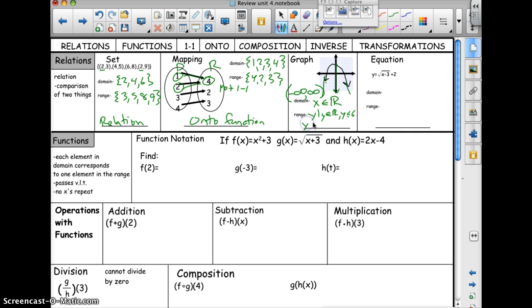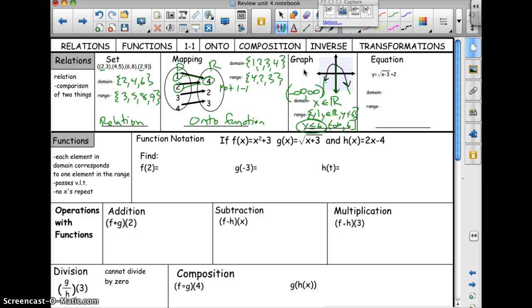You can also just write y less than or equal to 6 if you like. And you can also write it like this: negative infinity, comma, 6 with a bracket. Those are all three the same thing. The first one I used is set notation. It's not as common. The second one is probably the most common one we would use. And the third one is interval notation.